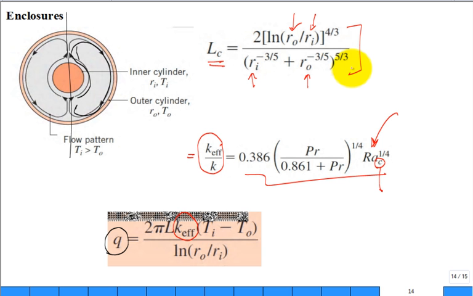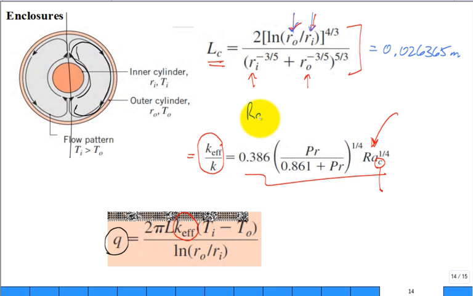So for this problem, we were given the radius, and you calculate the characteristic length. It comes in at 0.026365 meter. A lot of digits, but it's an intermediate calculation. Then I have to get that Rayleigh number.